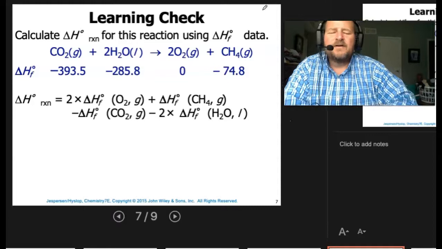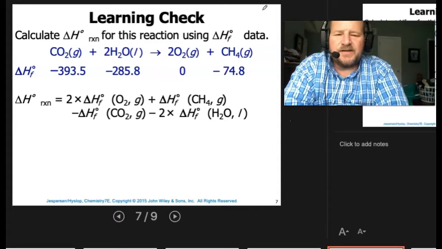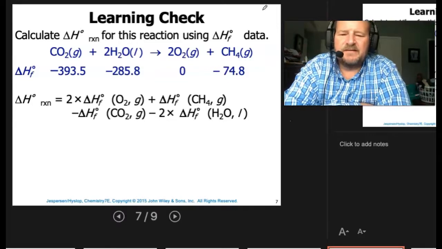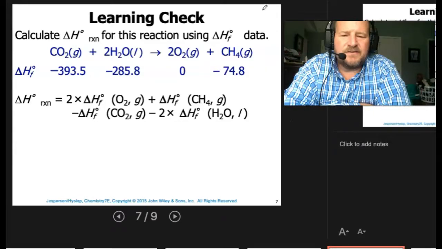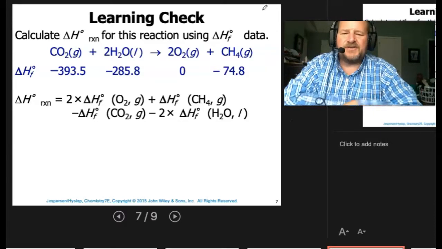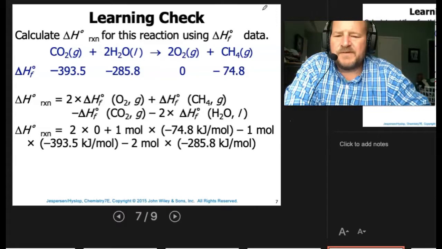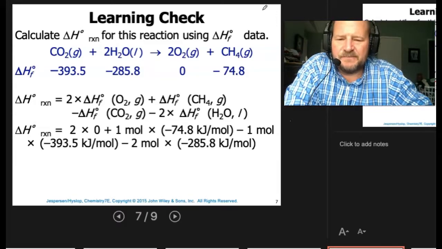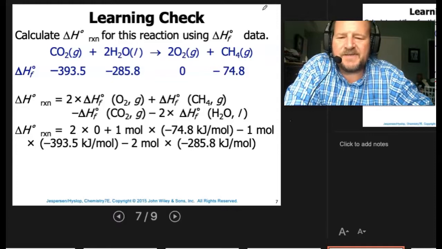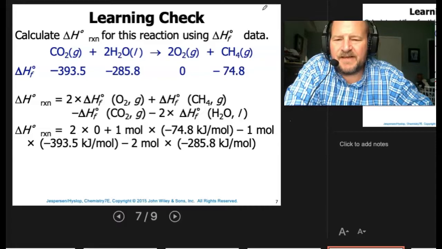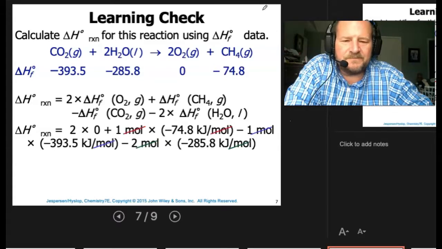All right. So hopefully you took your products, O2 and methane, and then you're going to subtract your reactants, the CO2 and the H2O. We have 2 times 0 because oxygen is elemental, plus 1 times negative 74.8 for the methane, minus 1 times negative 393.5, that's for the CO2, minus 2 times negative 285, that's for the water.